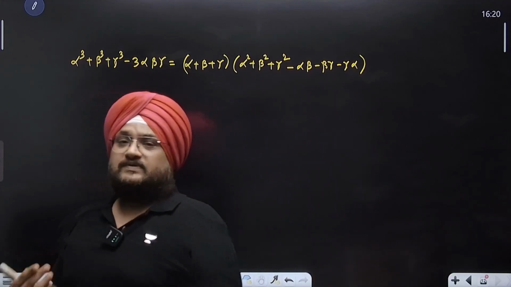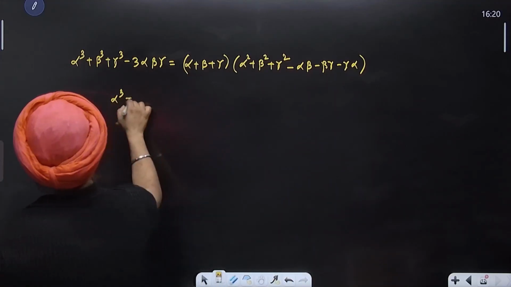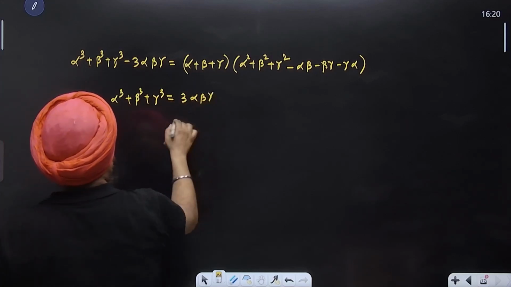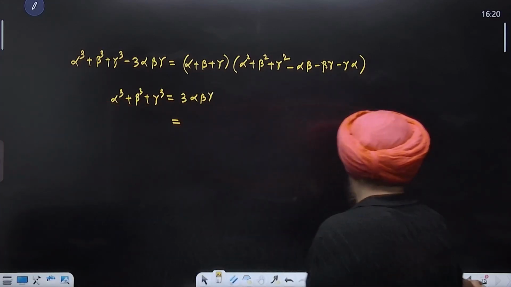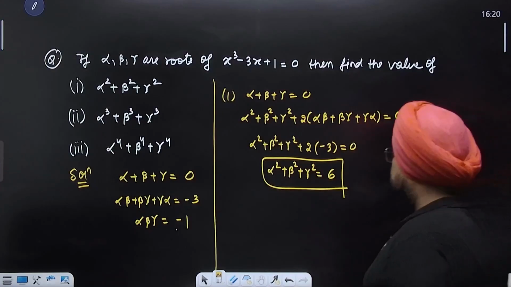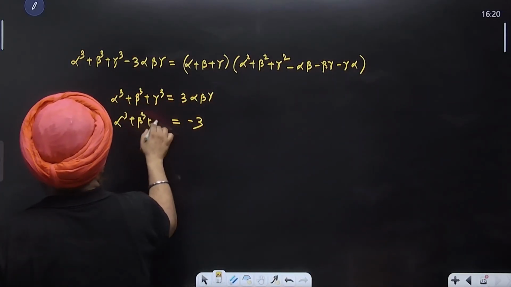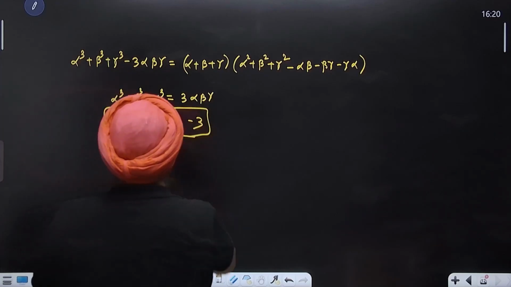As alpha plus beta plus gamma is 0, alpha cube plus beta cube plus gamma cube is equal to 3 alpha beta gamma, which is product of roots, minus 1. So this is minus 3. Done.